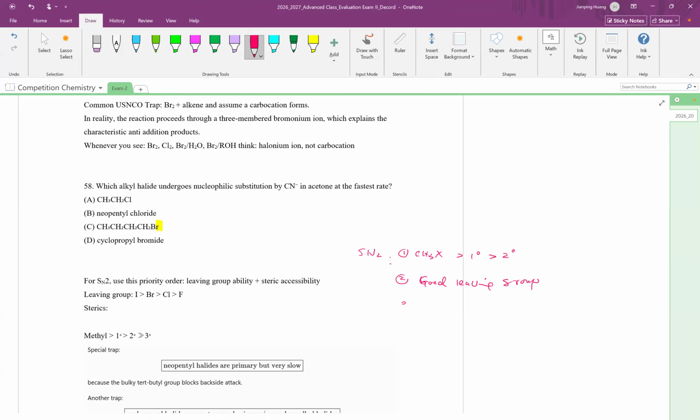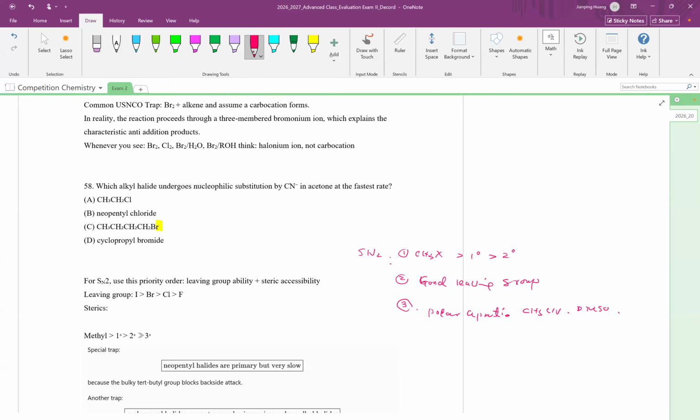The next one, you want the solvent, and that solvent should be polar aprotic solvent, like acetonitrile, like DMSO, right?